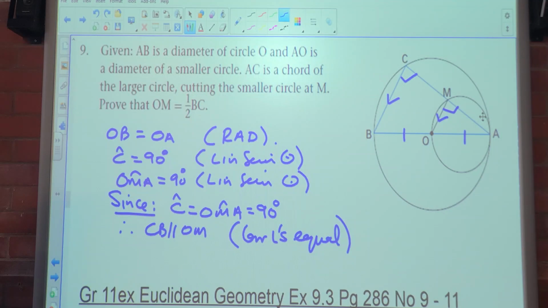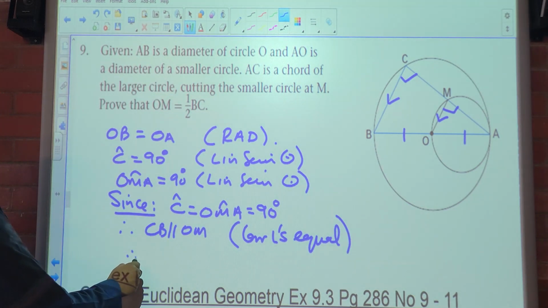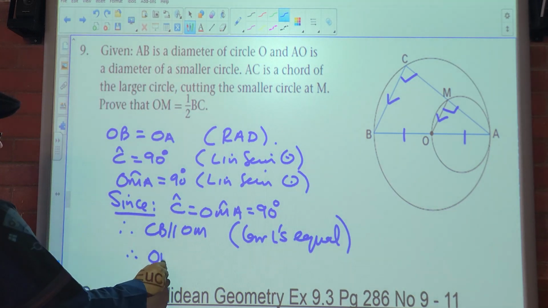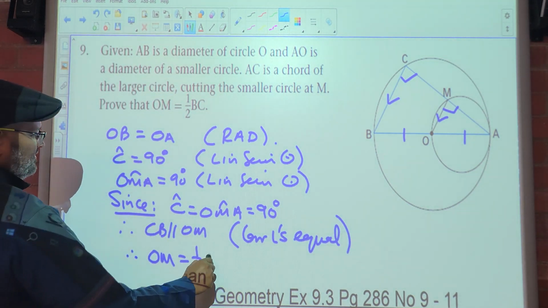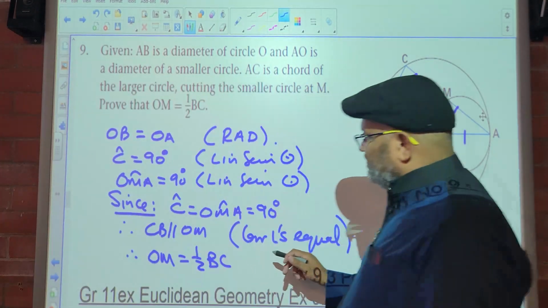So what do we say? It's placed straight into the midpoint theorem. So the converse thereof, in this case we can just conclude, therefore, OM is going to be half BC. Why, people?